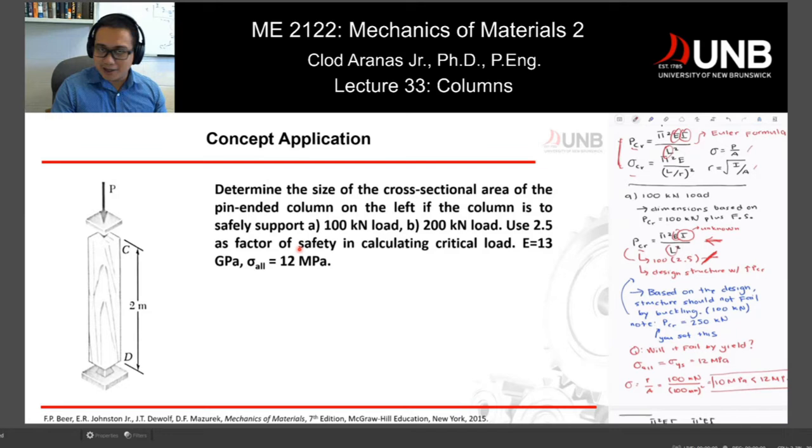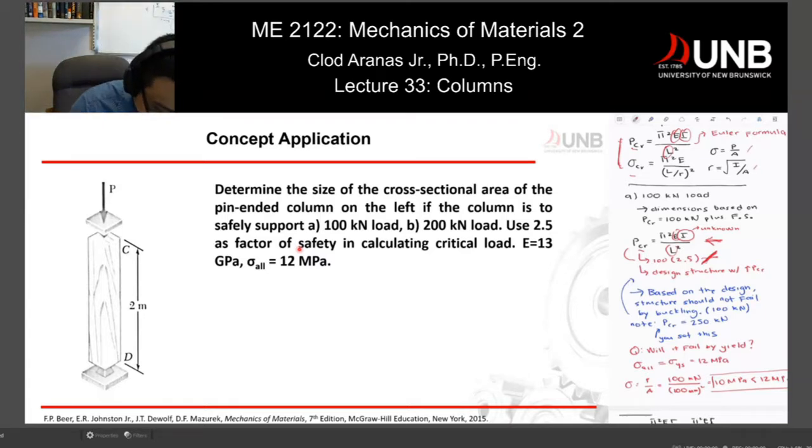I'm stressing multiply because you will see later in some problems you have to divide it. It depends on how you look at the problem. These calculations are super easy, but sometimes the factor of safety could ruin your calculation, and we're going to discuss that later. We want to multiply it to PCR because we want to design the structure so that it can handle more load rather than less load. If we divide it, it would handle less load.